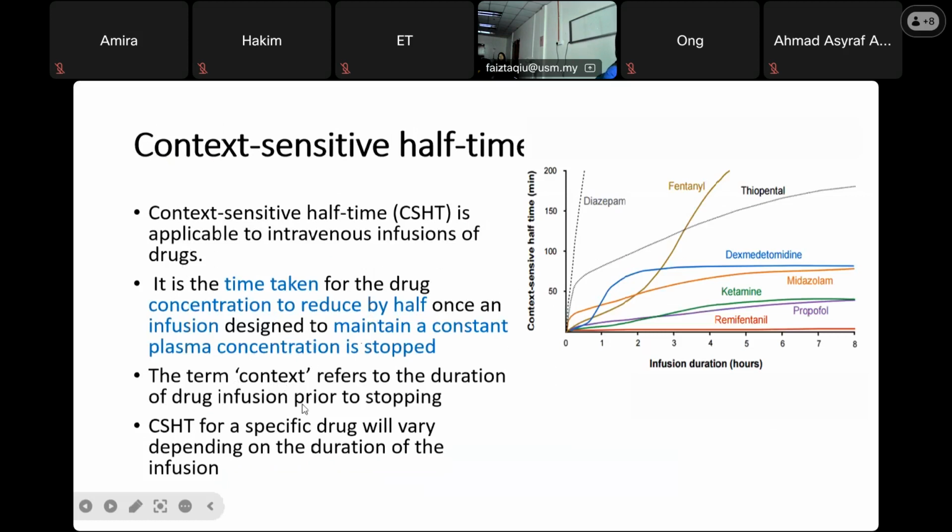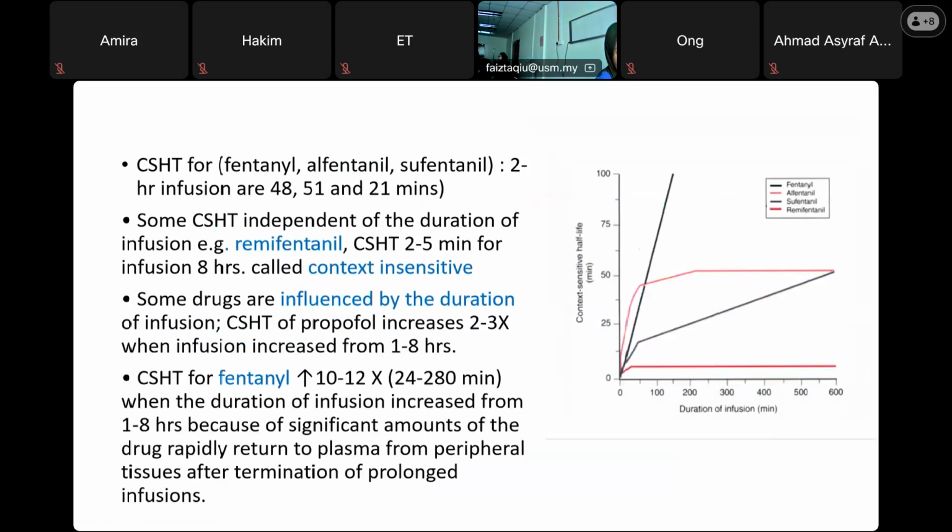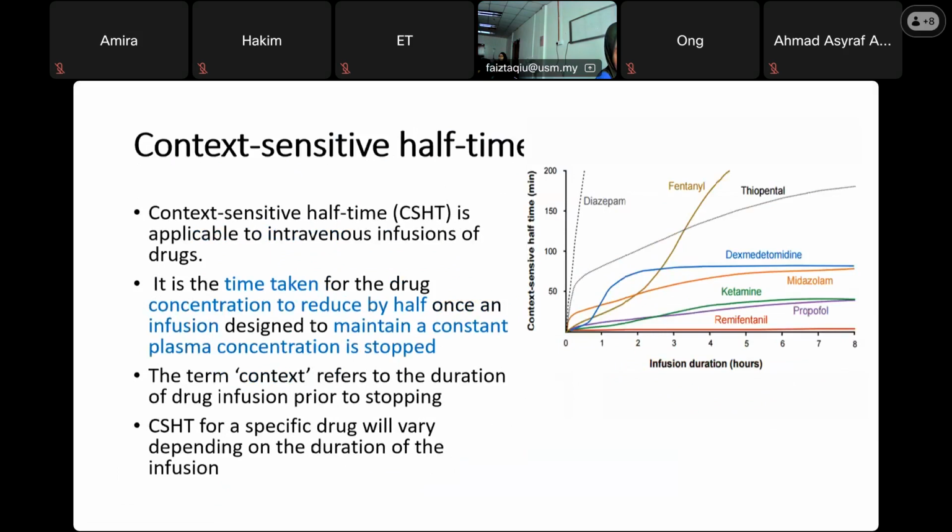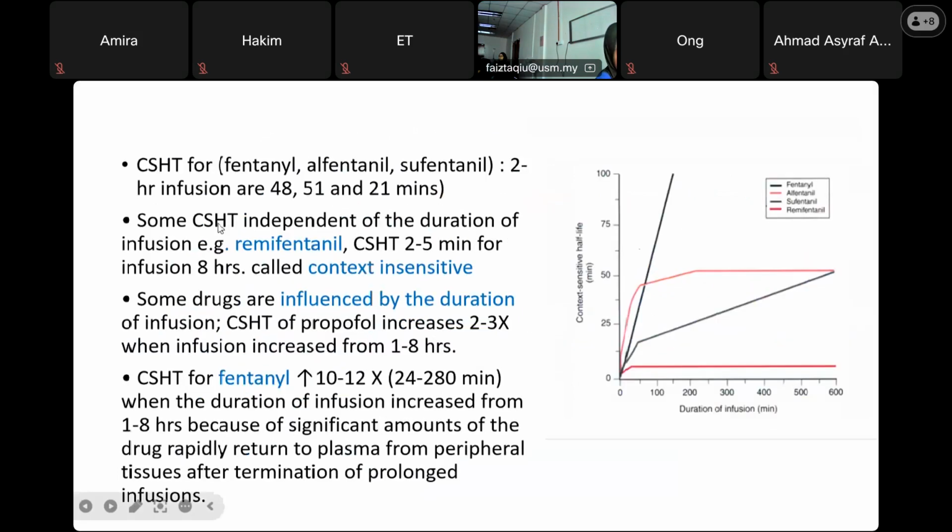The term context refers to the duration of drug infusion prior to stopping, and the context sensitive half time for a specific drug will vary depending on the duration of the infusion. Does everyone understand what we are measuring? Context sensitive half time: the time taken for the concentration of the drug to reduce by half after the infusion is stopped. Basically, plasma clearance by 50% after stopping the infusion, not drug clearance, plasma clearance.